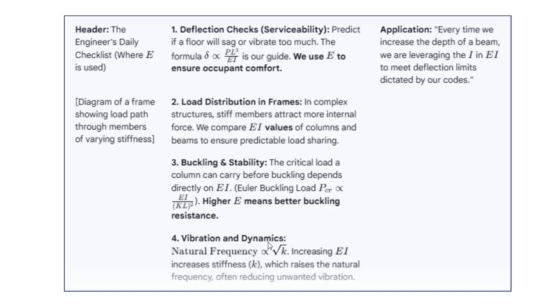Then vibration and dynamics: natural frequency is directly proportional to the square root of K. Increasing EI increases the stiffness, which raises the natural frequency, often reducing unwanted vibration. Every time we increase the depth of the beam, we are leveraging the I in EI to meet deflection limits dictated by codes.